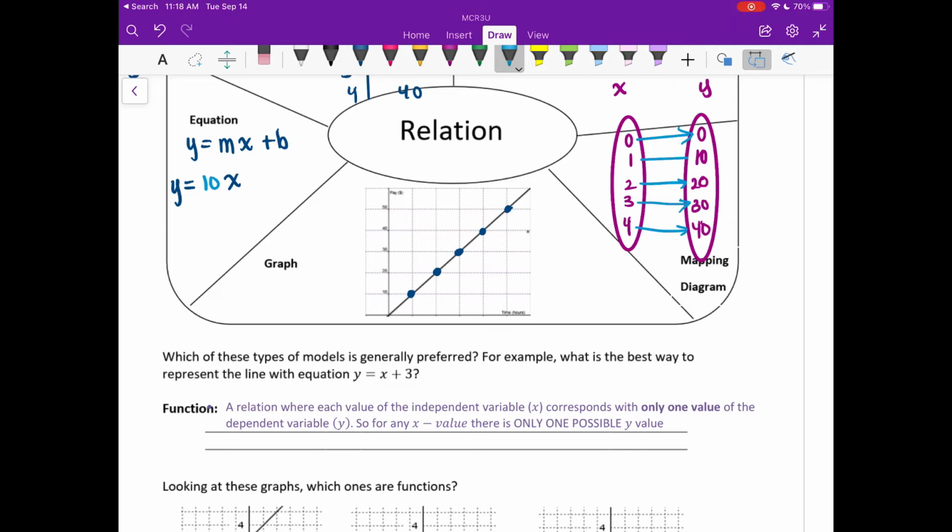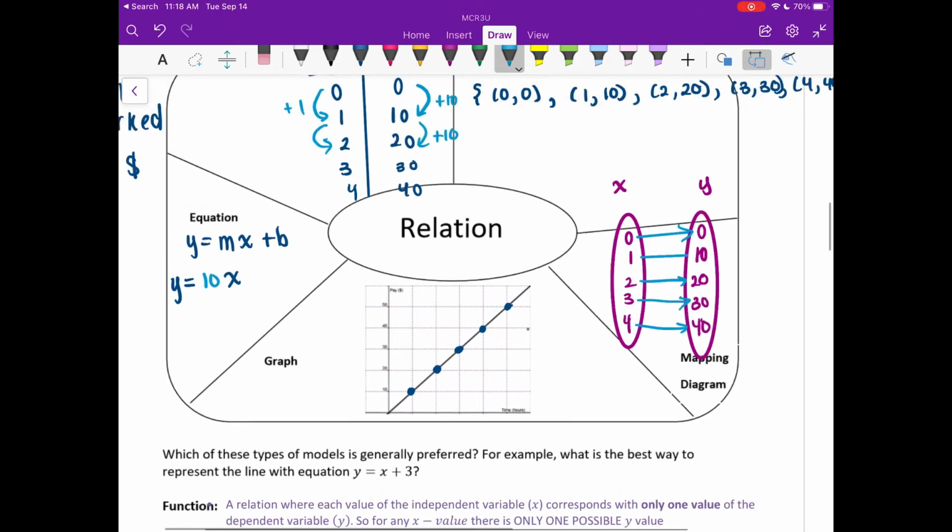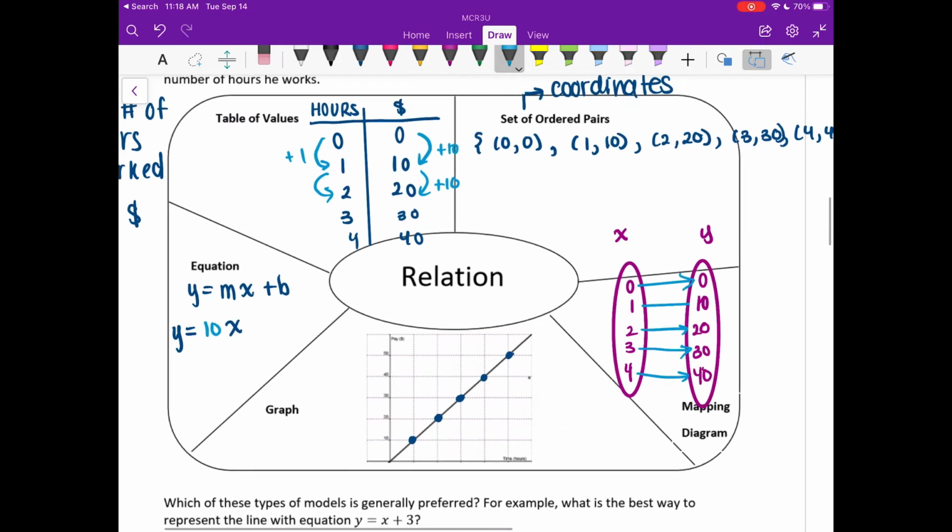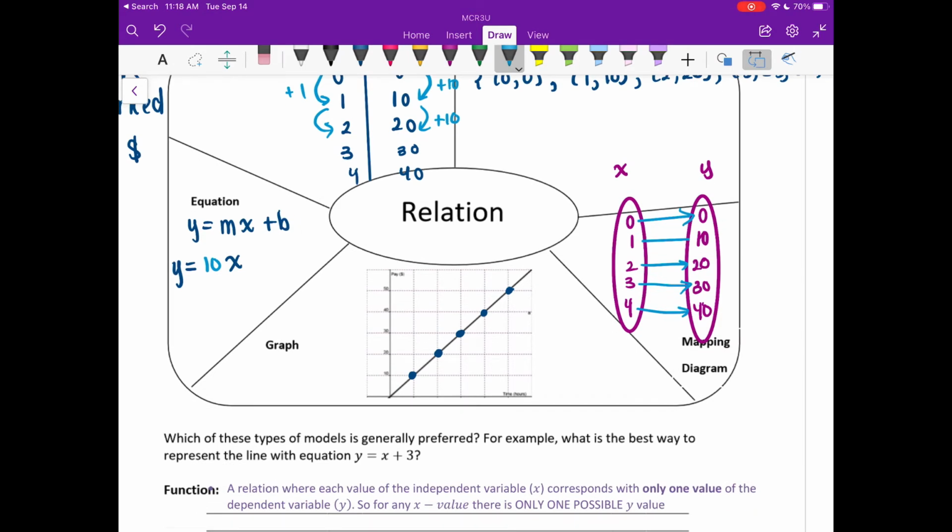You can show it on a mapping diagram so you can show what the x's and y's are corresponding to. A table of values and coordinate pairs, we might do that, but more often than not, we're going to pick our equation or our graph. It's just the easiest way to present and represent data, if that makes any sense.